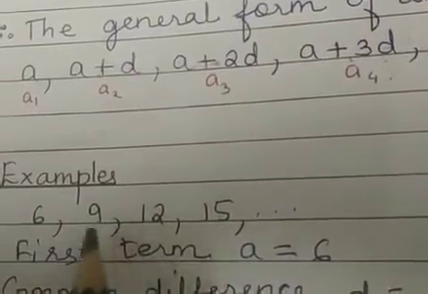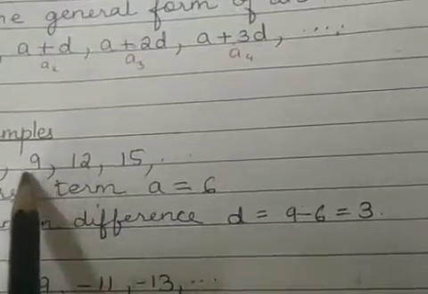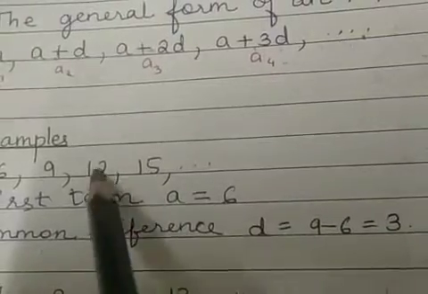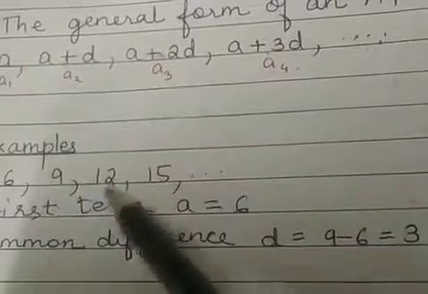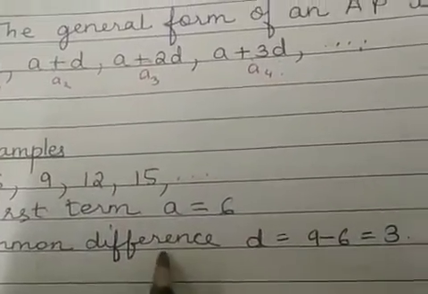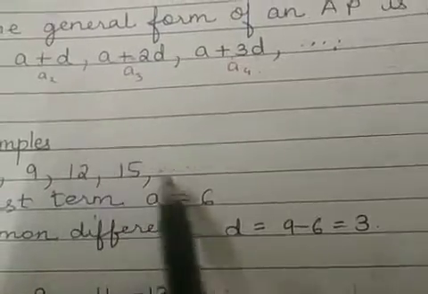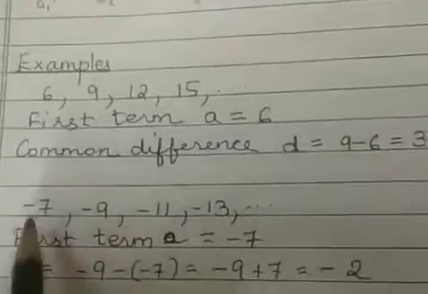I have taken 9 minus 6. So 9 minus 6 is 3. In any of the cases you will get the same: 12 minus 9 is also 3, 15 minus 12 is also 3. So when you are asked to find the common difference d, you can take any two consecutive numbers and find the difference. Let us take the next example.